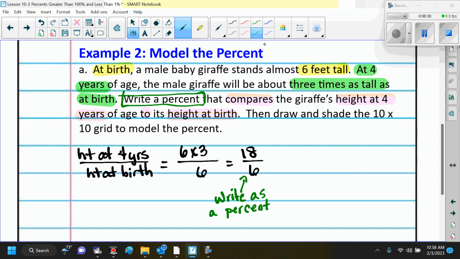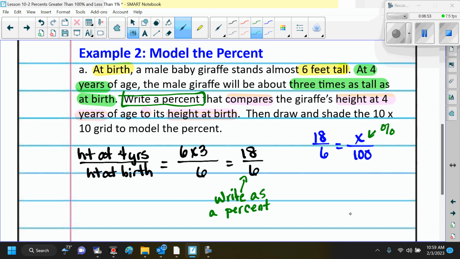So we want to write 18/6 with a denominator of 100. And then we need to figure out what that is, because that's going to be x per 100, right? So that x is going to give me the percent. Is everybody with me?